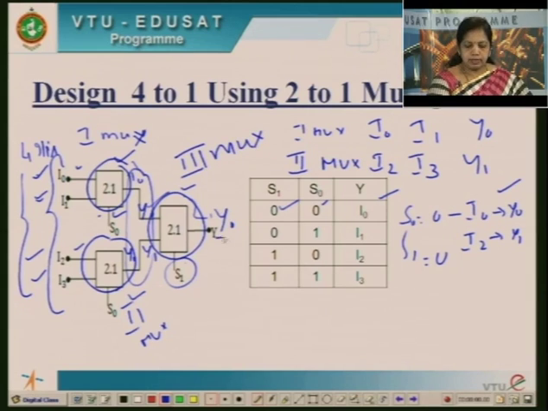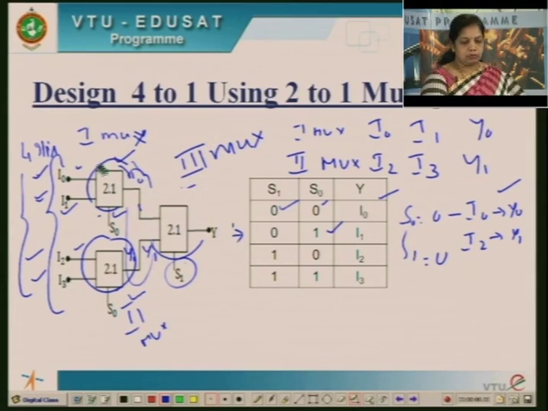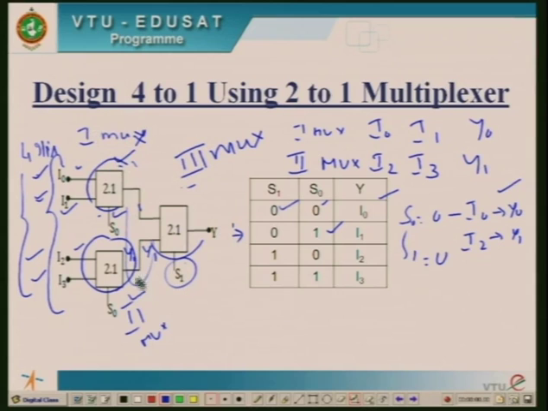So take second example. In the second example we have S0 1. So S0 1 means I1 will be selected. So let me remove this. So let me design the second one, second component. So here it is I1.